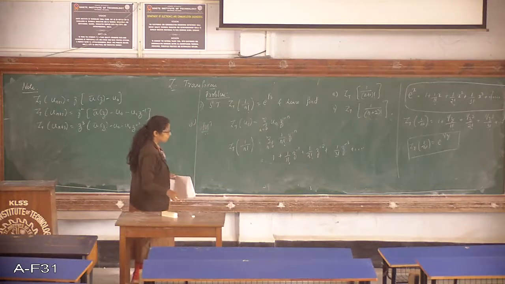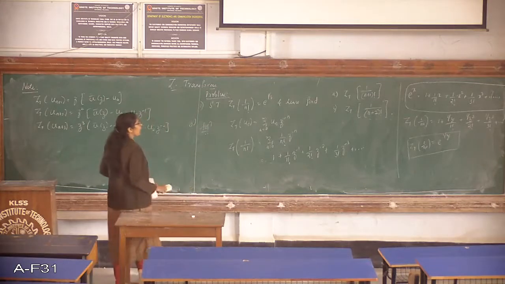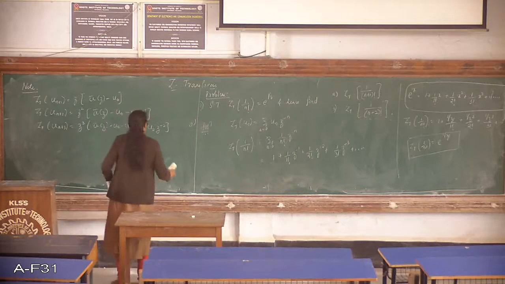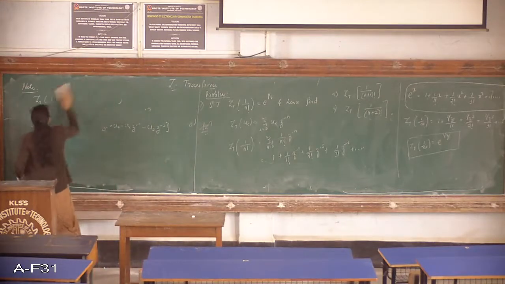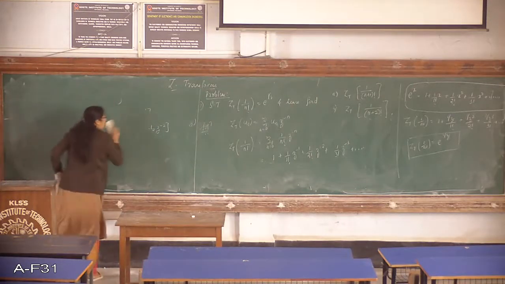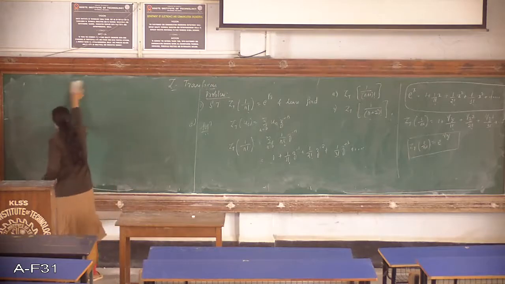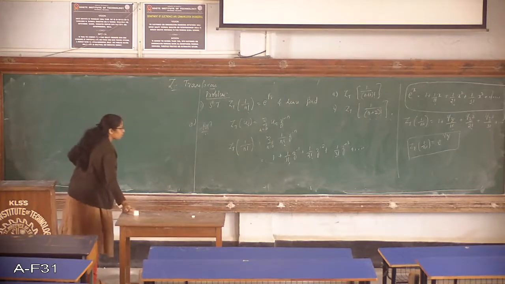Now the second part of the question is, we are also supposed to find what is z transform of 1 by n plus 1 factorial. To find this, I am supposed to make use of the left shifting property, which we have just discussed.